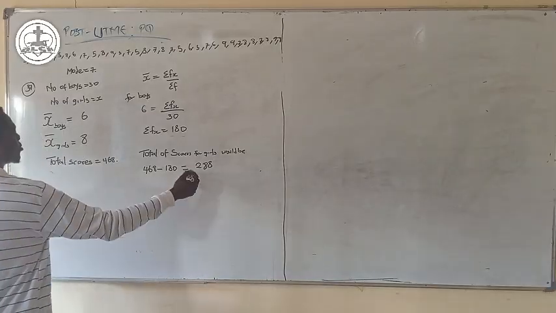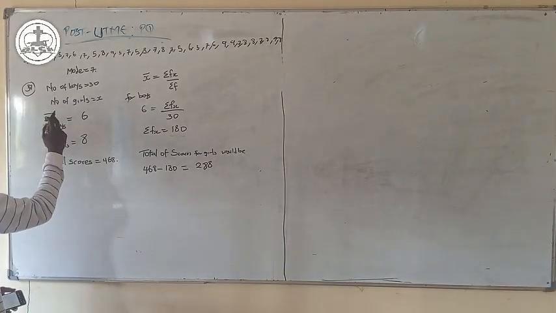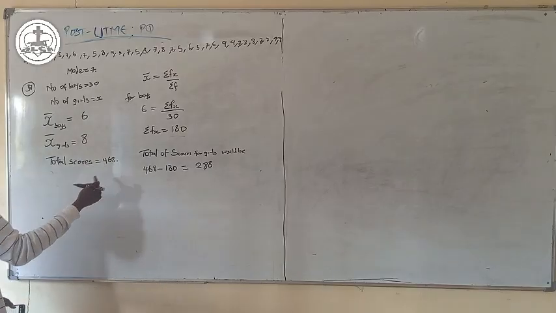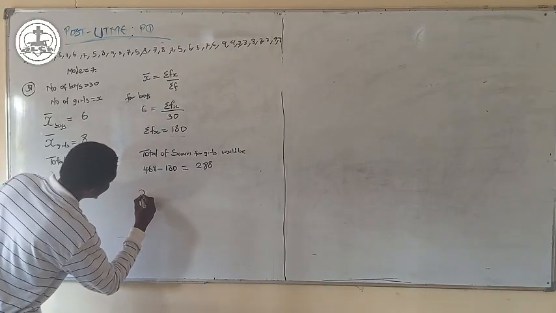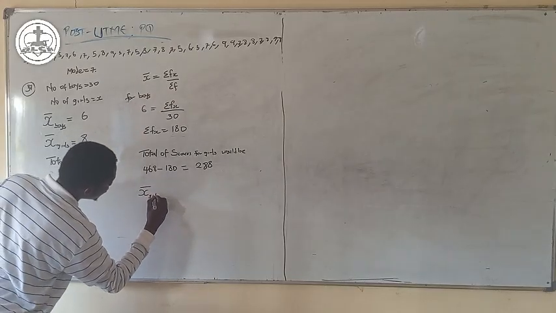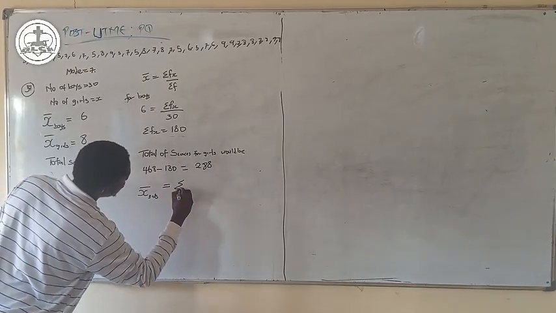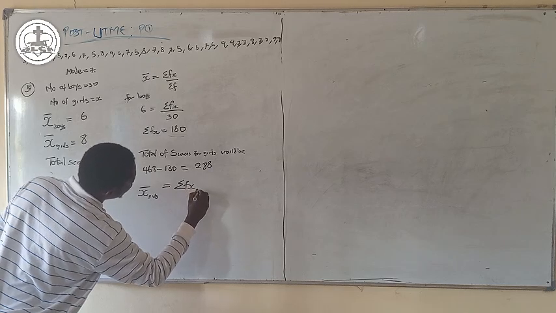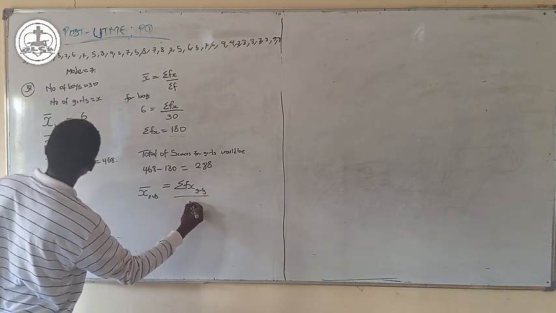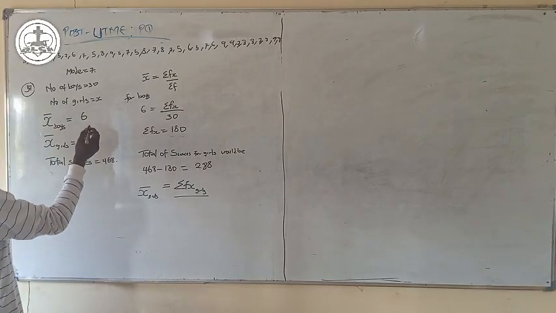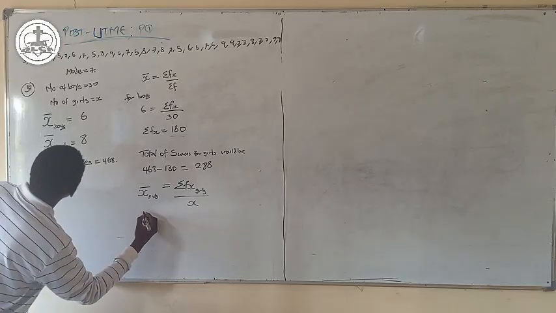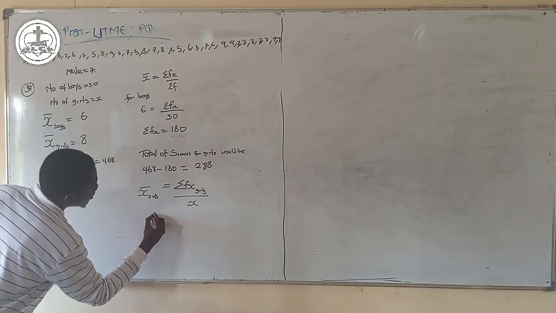And if we know the total score for girls, calculating the number of girls will be easy, since we know the mean score of the girls. Remember our formula for girls: summation fx, which is 288, over the total number of girls who sat for the test, which is what we are looking for, x. The mean for girls is given as 8.